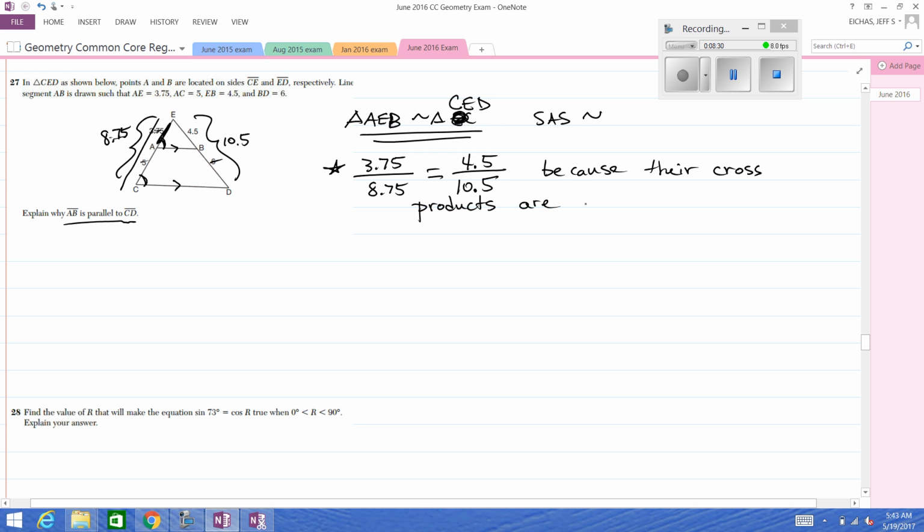And we'll show this. 3.75 times 10.5, and what were those? They were both 39.375. So that gets us basically the 2 pairs of corresponding sides proportional.